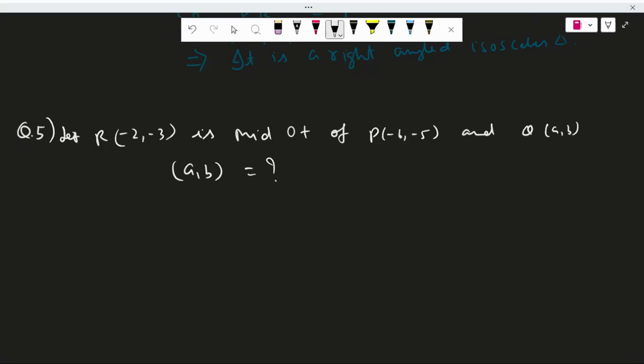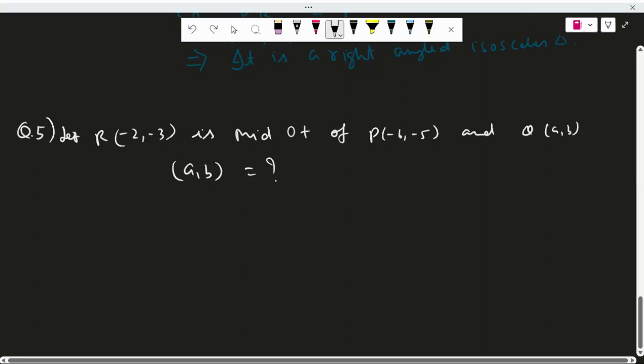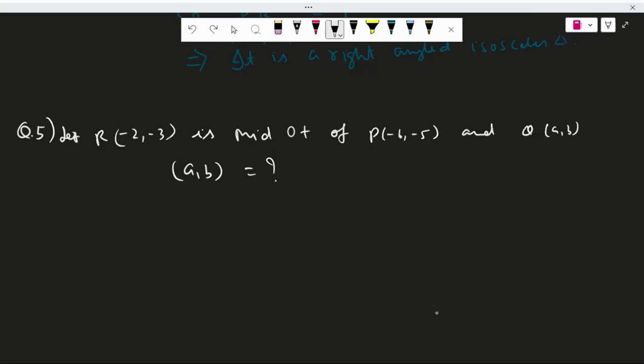Now, we will use the midpoint formula. We discussed it in the last class. We have P (-6, -5), Q is (A, B), and let's say R is the midpoint, that is (-2, -3).